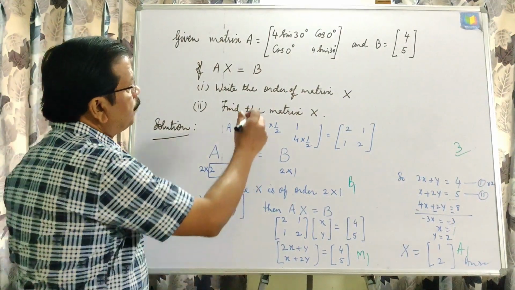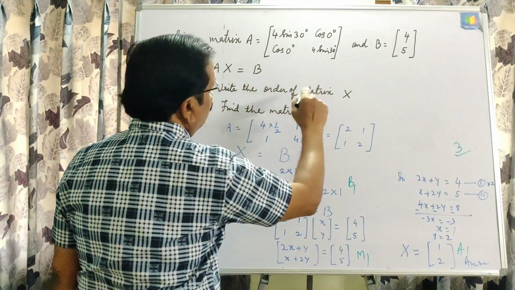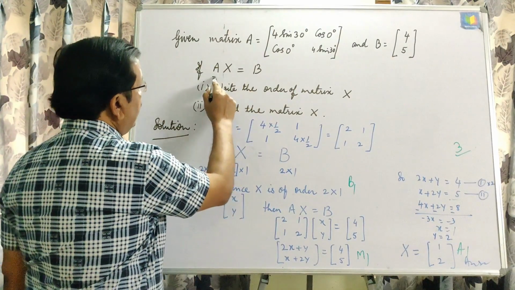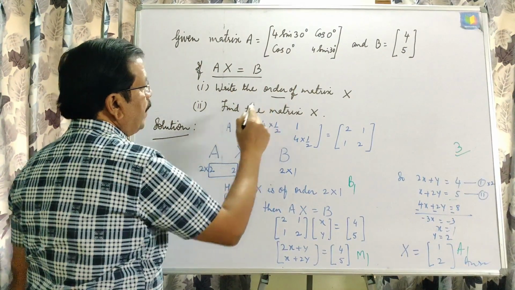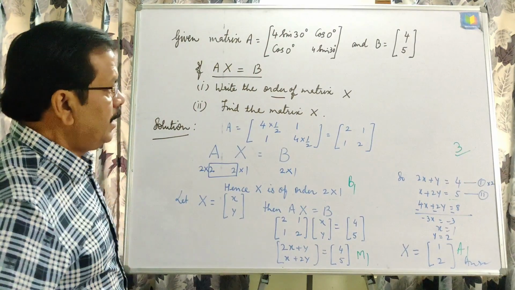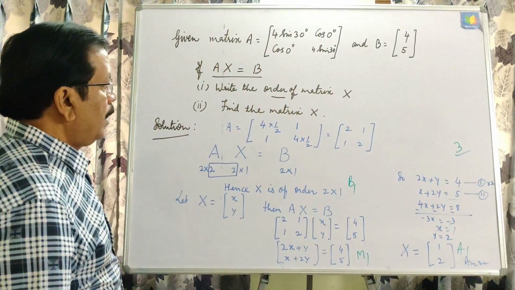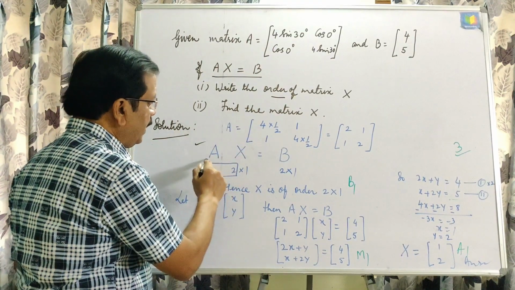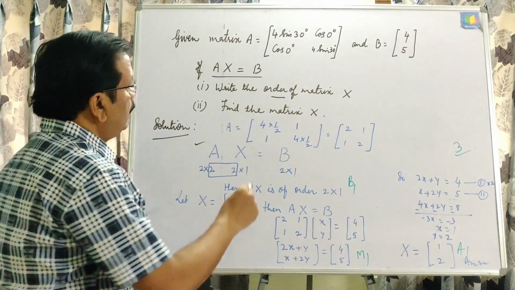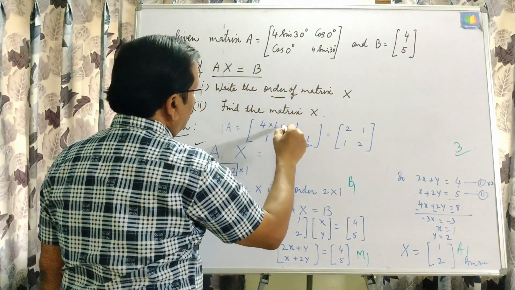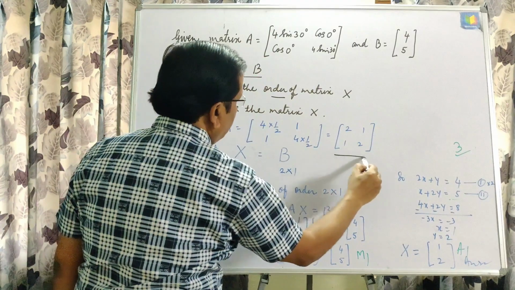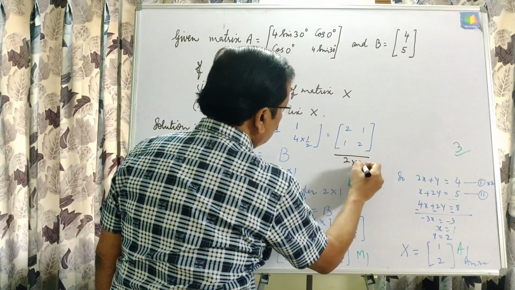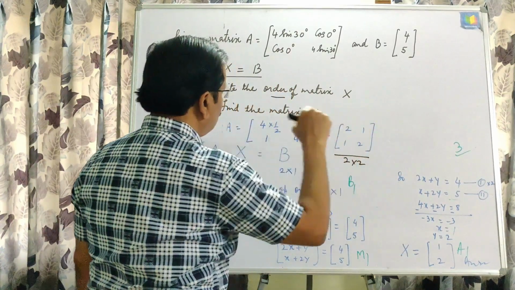Given matrix A is [4 sin 30, cos 0; 4 sin 30] and B is equal to [4; 5]. Then if AX is equal to B, then find the order of matrix X. We know that the order of matrix, how we are representing, that is, we are given AX is equal to B. First of all, we will write sin 30 is 1 upon 2, cos 0 is 1, and then the matrix A is changed into this, and you can see this is of order 2 cross 2 because 2 rows and 2 columns.